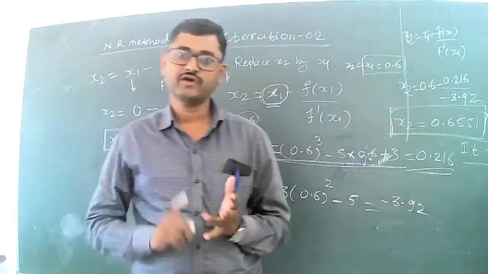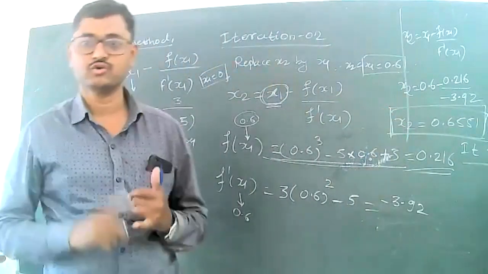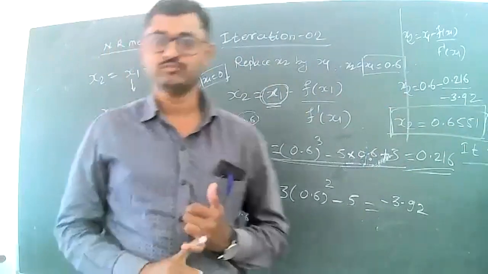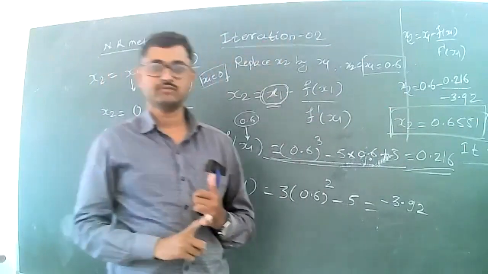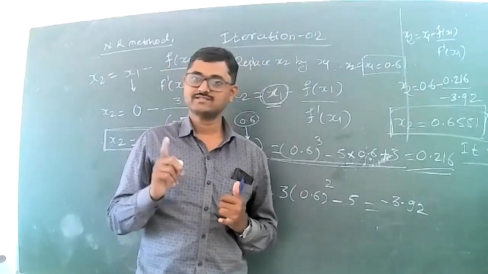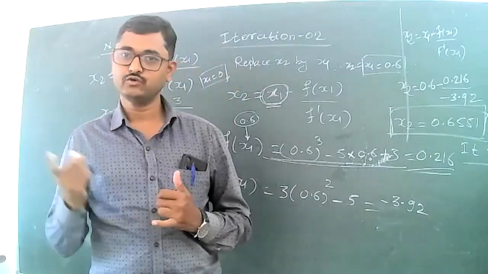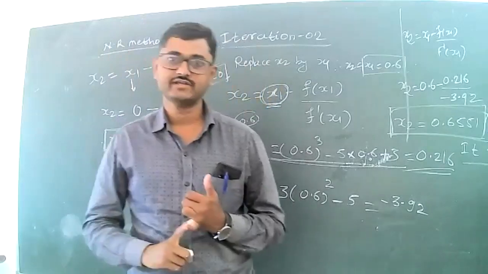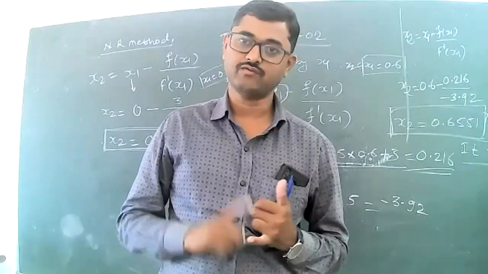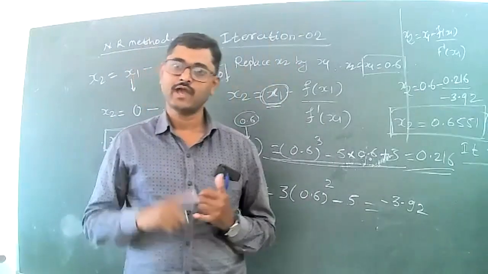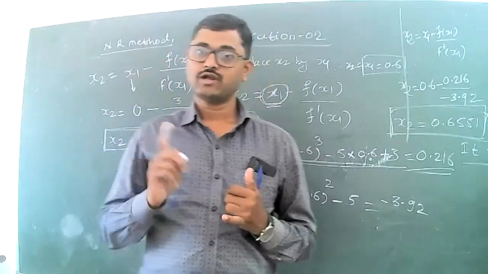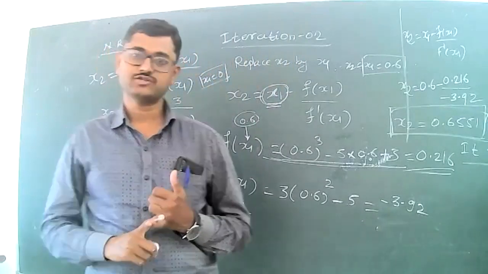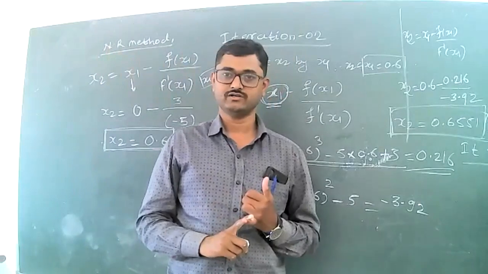Then put x as 0.6551 into the f of x equation and into the f dash of x equation to find f of x1 and f dash of x1. Last, using the Newton-Raphson formula, x2 is equal to x1 minus f of x1 upon f dash of x1, find the root of the equation.